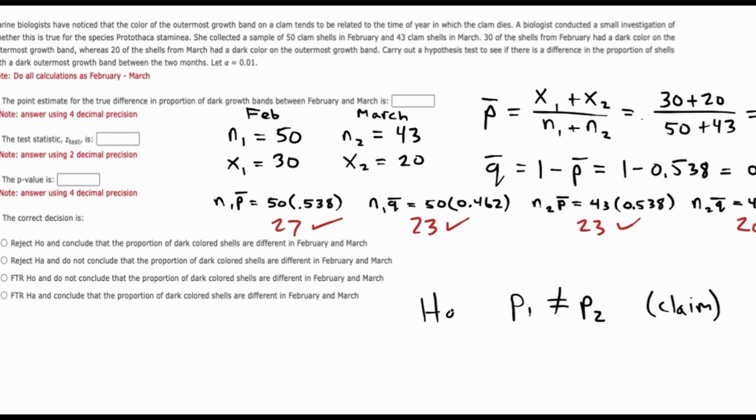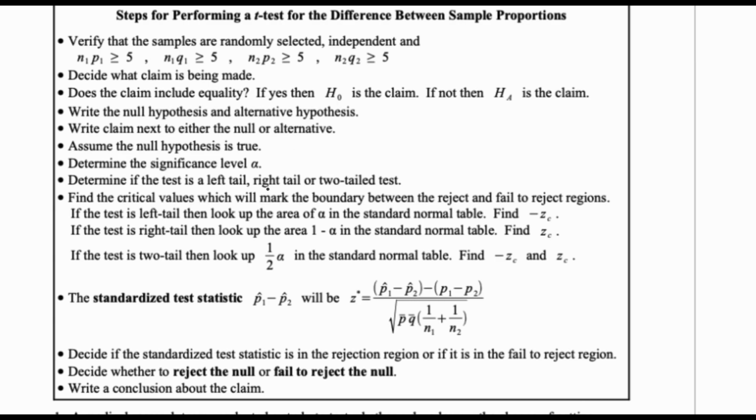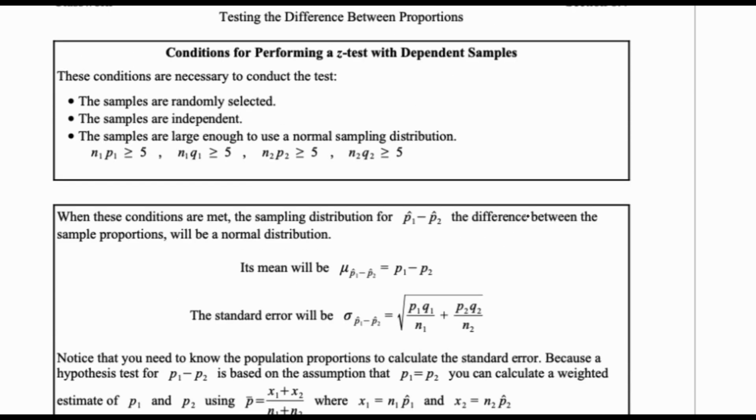That is HA because it doesn't include equals. And so H0 would be P1 equals P2. Now I have my hypotheses. We'll determine if it's a left, right, or two-tailed test using the significance level alpha and find the negative ZC and ZC.